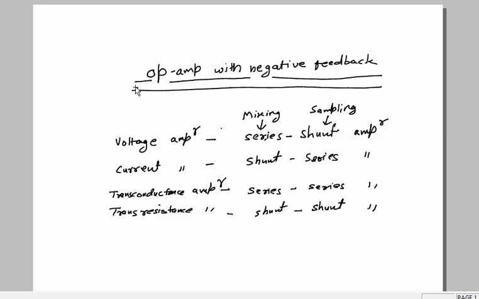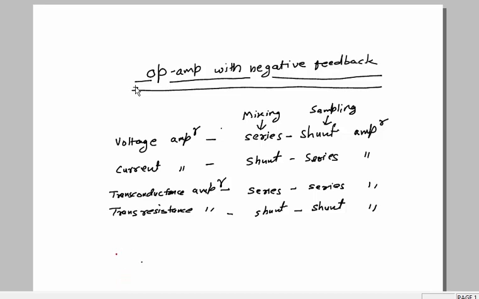Now here we are going to follow one more nomenclature, one more type of name. Here for sampling we will write what we are going to sample, and for mixing we will write the way of connection. In many books this is also followed, so you should know this also.